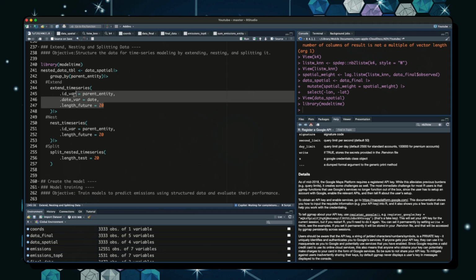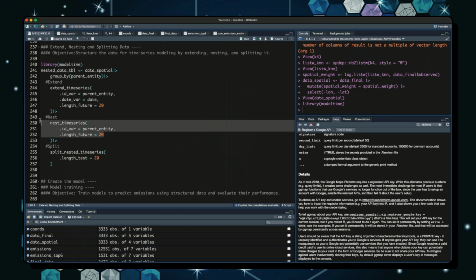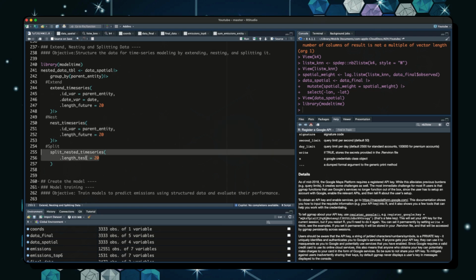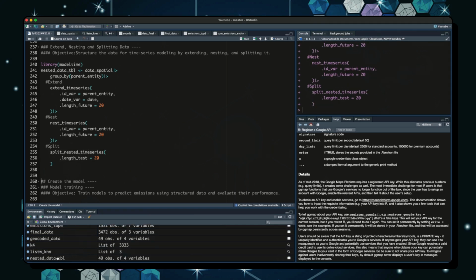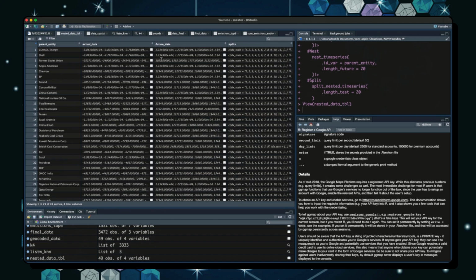We need to extend this time series. Extending the time series gives us the future length, so we are going to predict the next 20 years. This is going to be nested over parent entity, and this is going to be split also. So let's take a look at this. The nested data table is here.